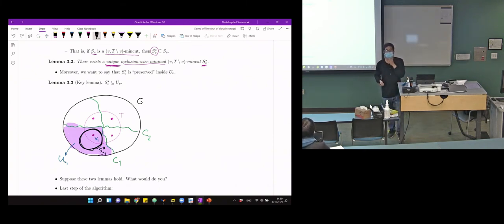Yes? Minimizing the cut size or the conductance? Oh, this is really about cut size, not about conductance. And then what if the cut is just V itself? It can be the case.